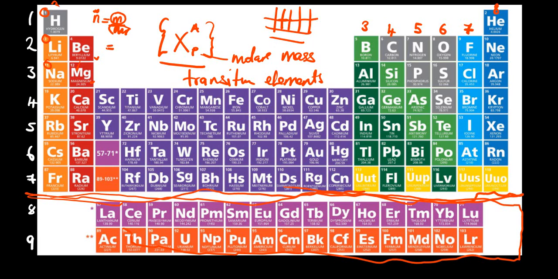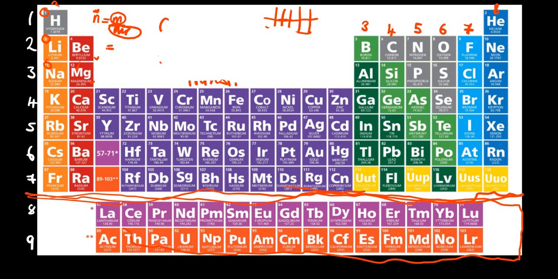Let me give an example. Let's say I ask you to calculate the moles, given that 2 grams of water was produced. You say the number of moles is equal to mass over molar mass. The mass I give you is 2 grams.